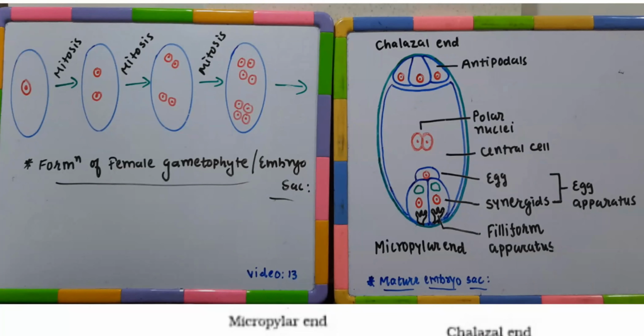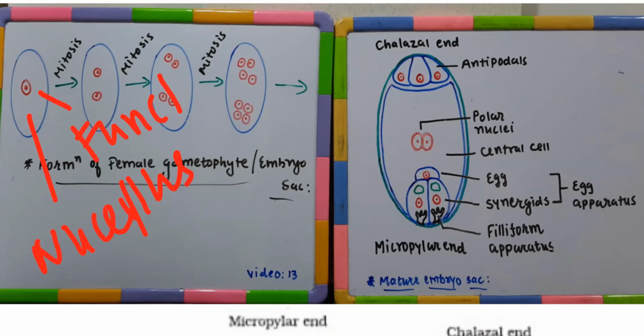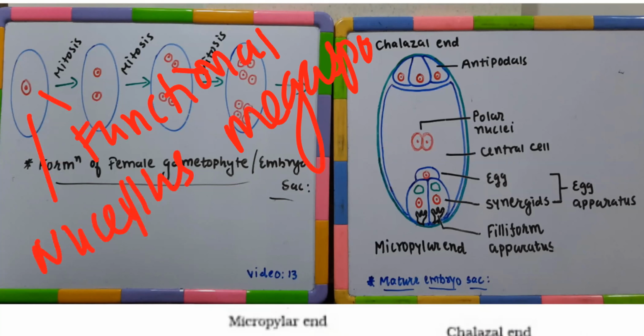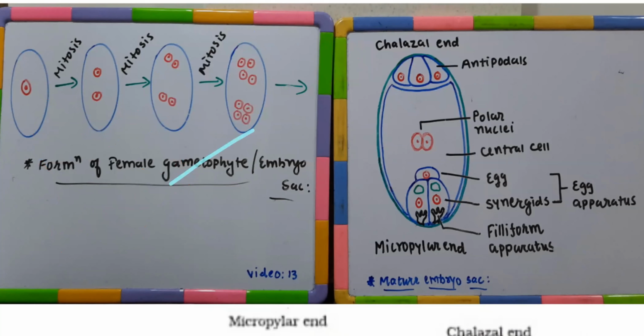Consider this as the embryo sac. Inside this, there is a functional megaspore, a haploid cell produced at the end of meiosis. Out of the four, the only one that survived is the functional megaspore.